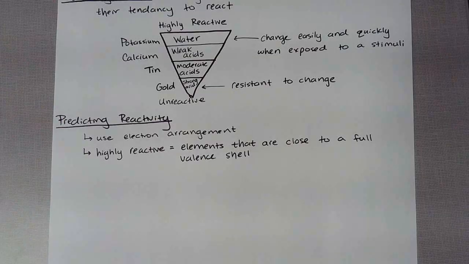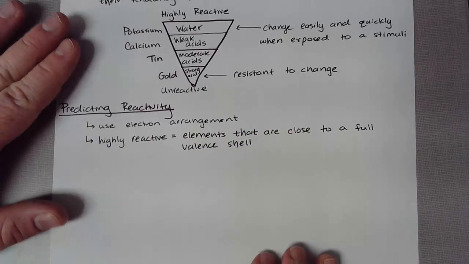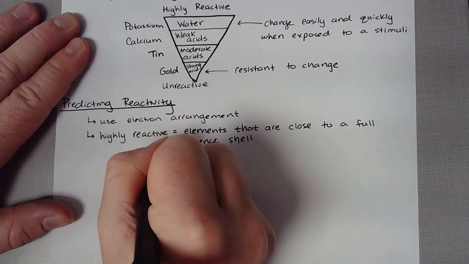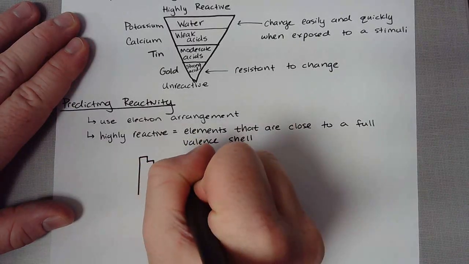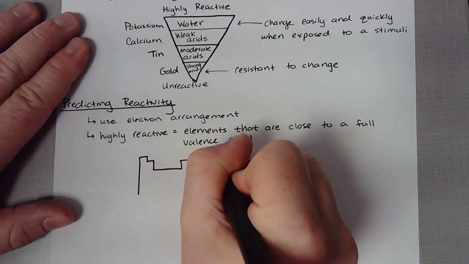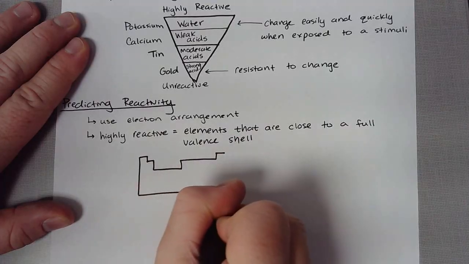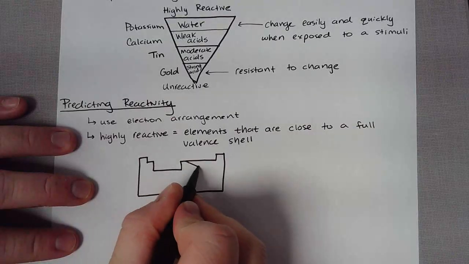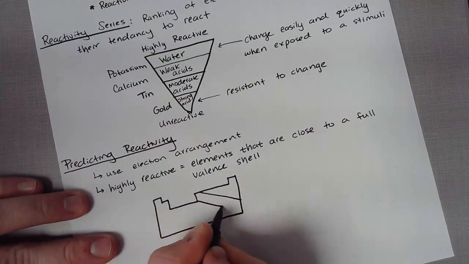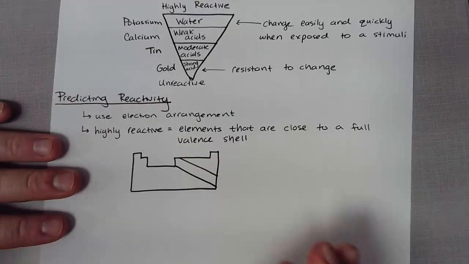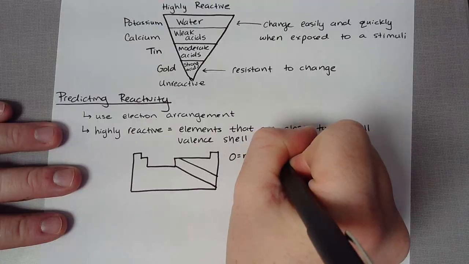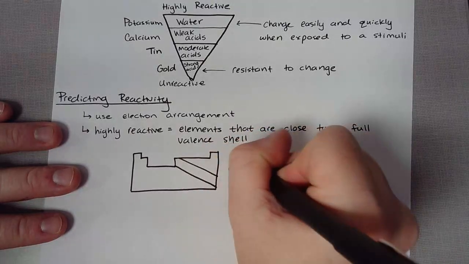Now, since we're looking at metals, we are looking predominantly at the left half of the table. If you remember the periodic table, split into our three categories along this diagonal. The metals are found on the left and the lower right. The metalloids are found on the diagonal.